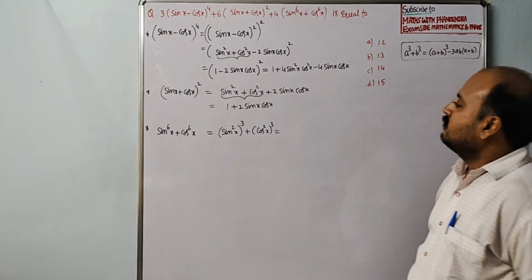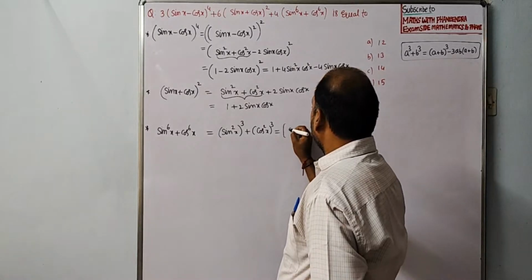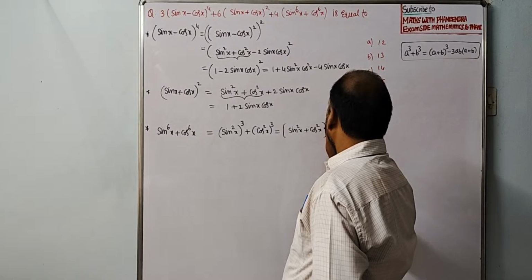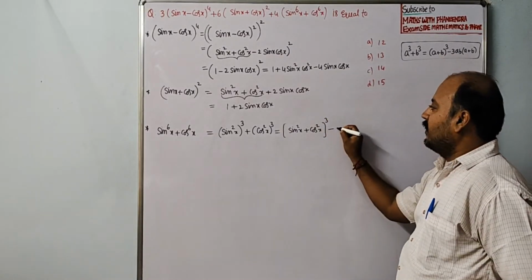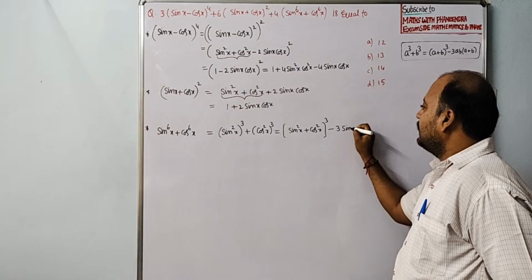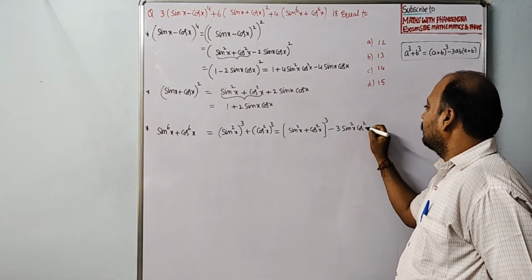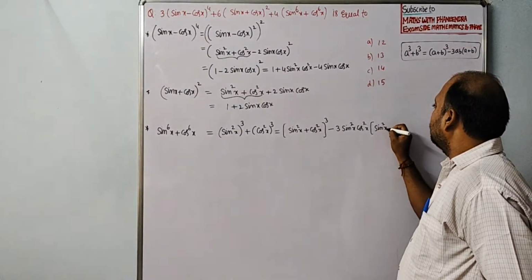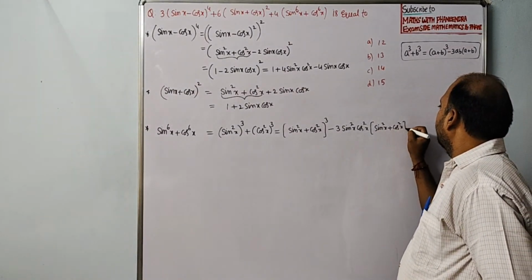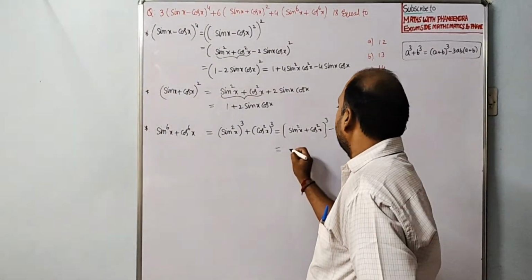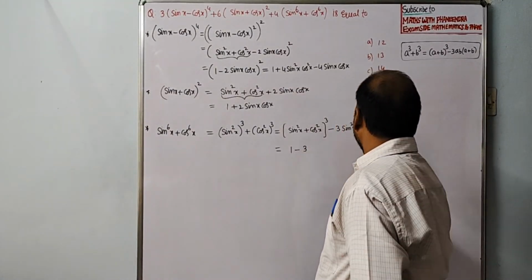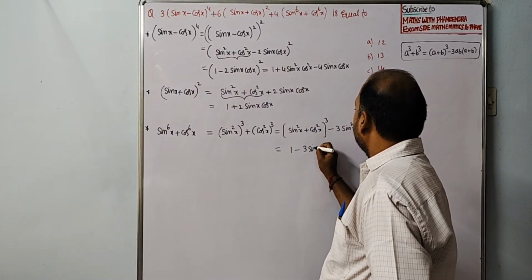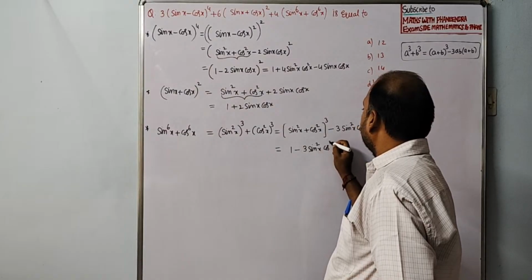So it is (sin square x plus cos square x) whole cube, a plus b whole cube completed, minus 3 into sin square x into cos square x into (sin square x plus cos square x). So this is equal to 1 cube, which is 1, minus 3. This value is also 1 only, isn't it? So 1 minus 3 sin square x cos square x.